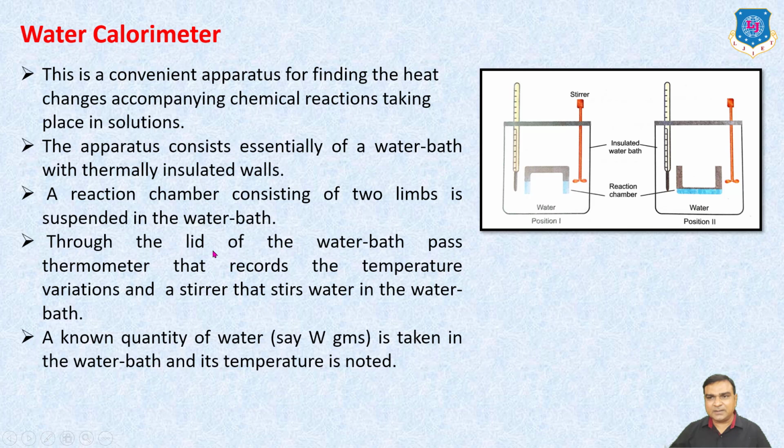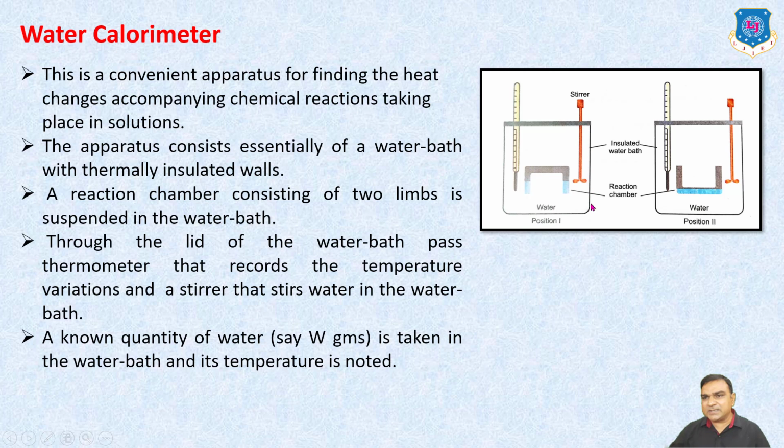Through the lid of the water bath pass a thermometer that records the temperature variations and a stirrer that stirs the water in the water bath. A known quantity of water, say W grams, is taken in the water bath and its temperature is noted.